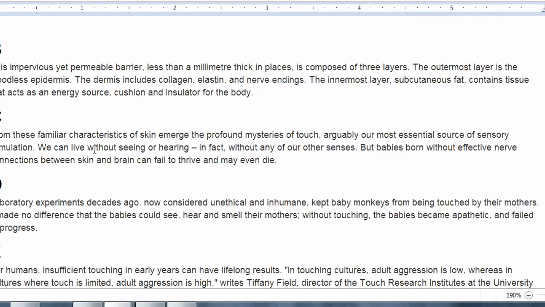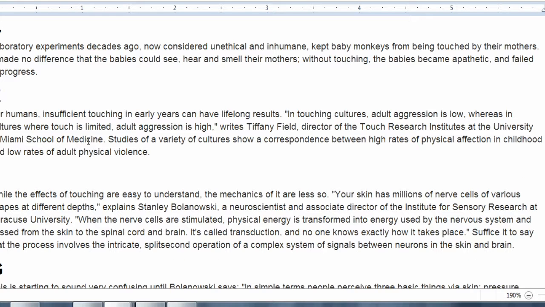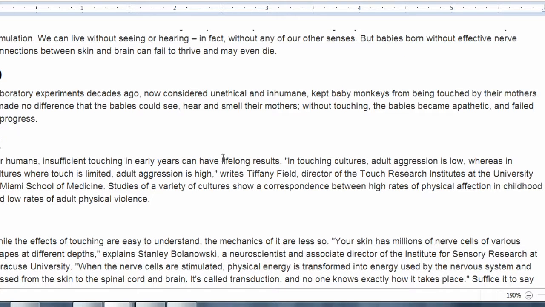Okay, here we don't have it. We don't have it here. In touching, here's something about touching. Touching in early years can have lifelong results. In touching cultures, adult aggression is low, whereas in cultures where touch is limited, adult aggression is high.